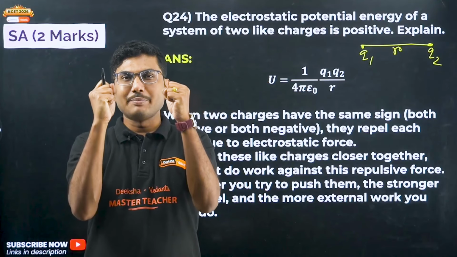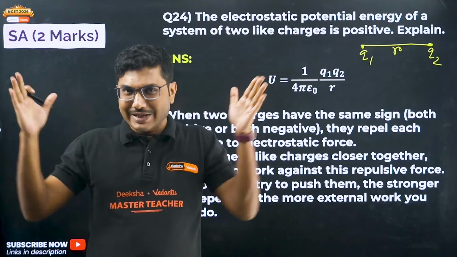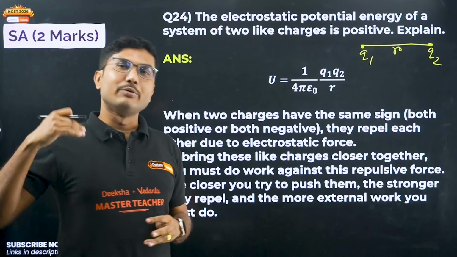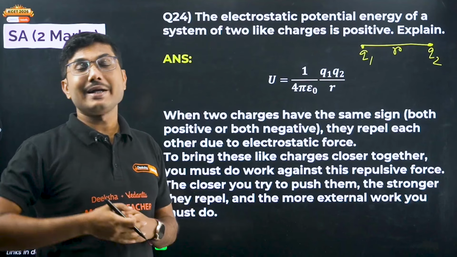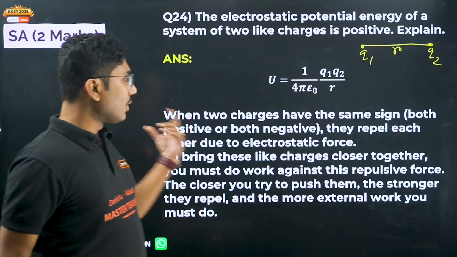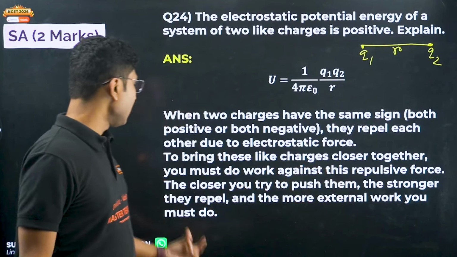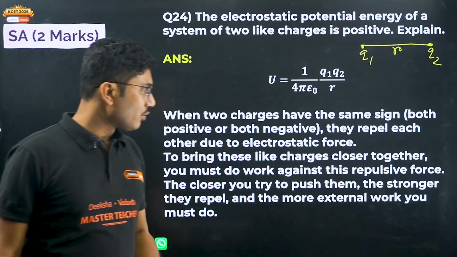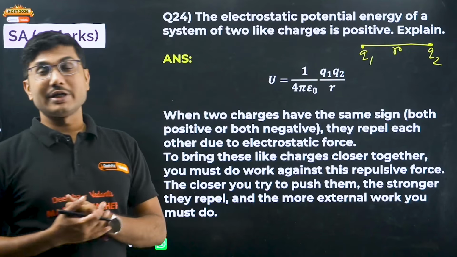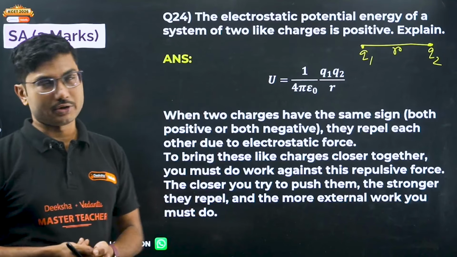That means you have to apply a force externally. So an external force has to be applied to bring them close, and we know that if an external force is applied, that work we consider positive. The closer you try to push them, the stronger they repel and the more external work you have to do. So that's why the potential energy of a system of 2 similar charges is positive.